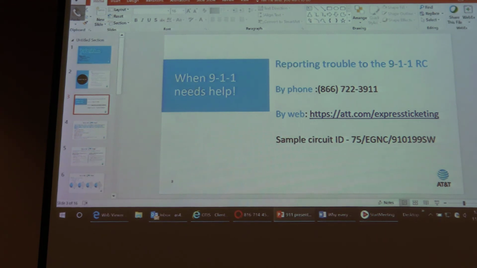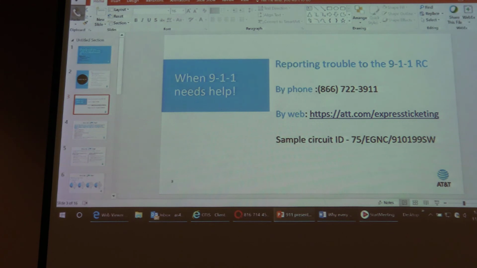Sorry it's really fast, but I want to close by saying one thing. The Red Center is your single point of contact. It is your first point of contact, and it is always going to be there for emergency or non-emergency situations. However, there is another option.